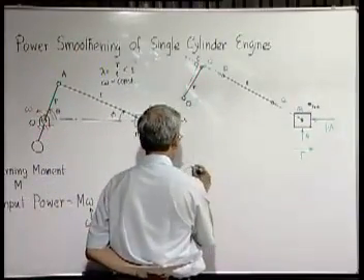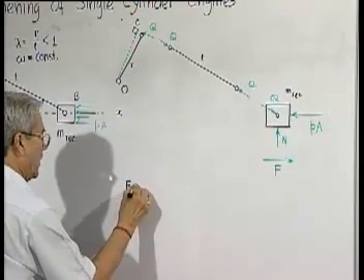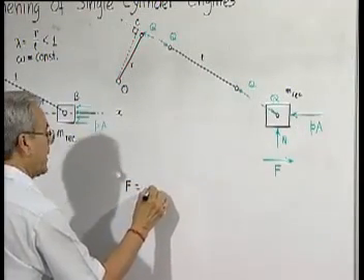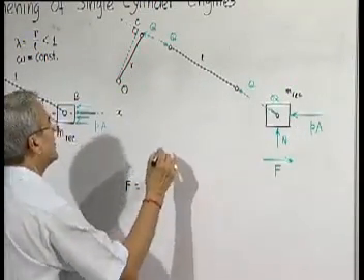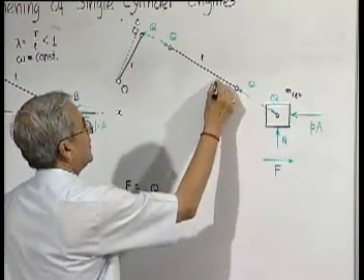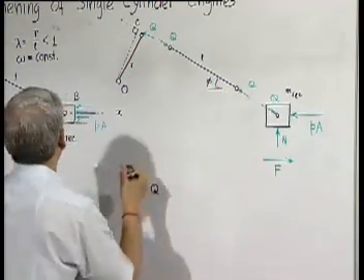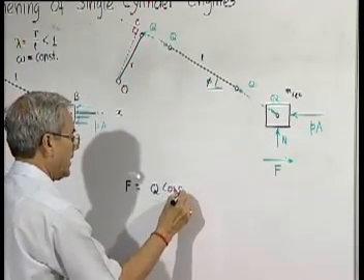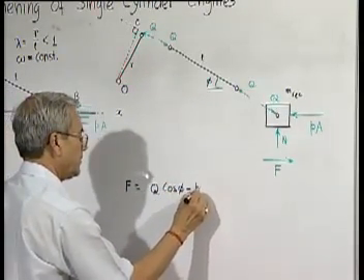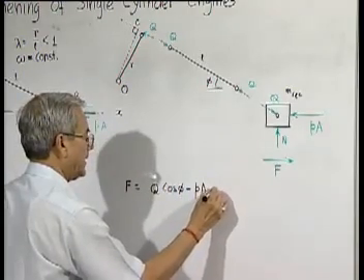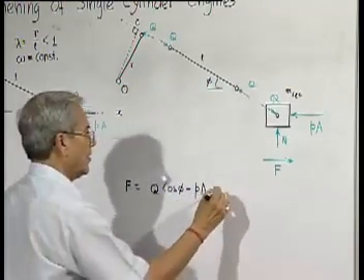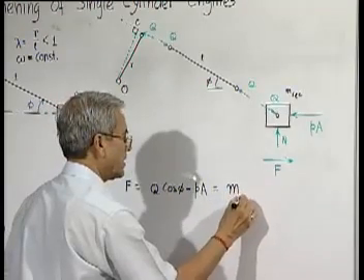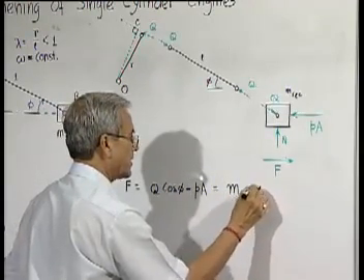So we know F is equal to Q, and this angle is phi. So Q cosine phi minus PA must be equal to the reciprocating mass into the acceleration in that direction, x.